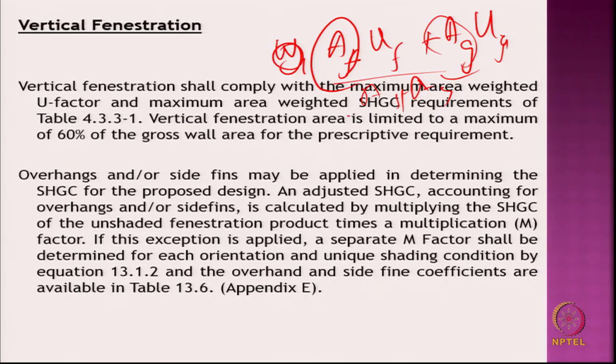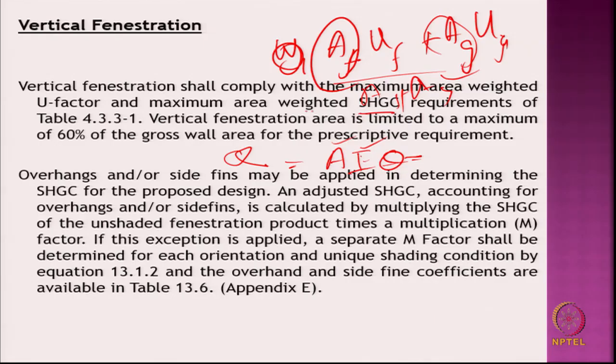And also the SHGC requirement, that is your solar gain factor, because I said that A I theta is the amount of heat that will come in, where theta is the solar gain, because the fraction is the proportion of heat that will come in divided by the incident radiation. So, A I theta, I is the incident radiation, A is the area and this is theta.